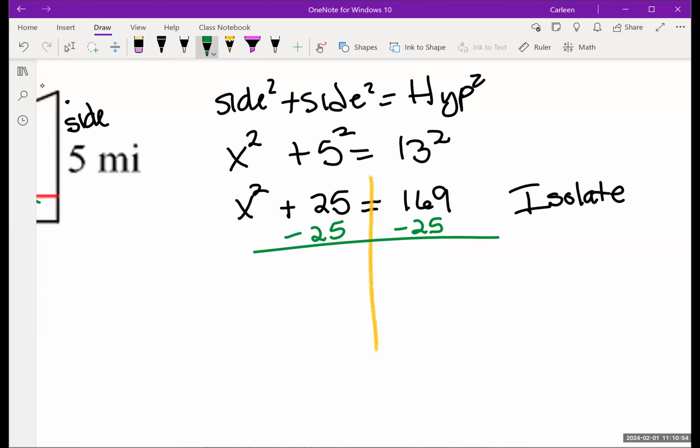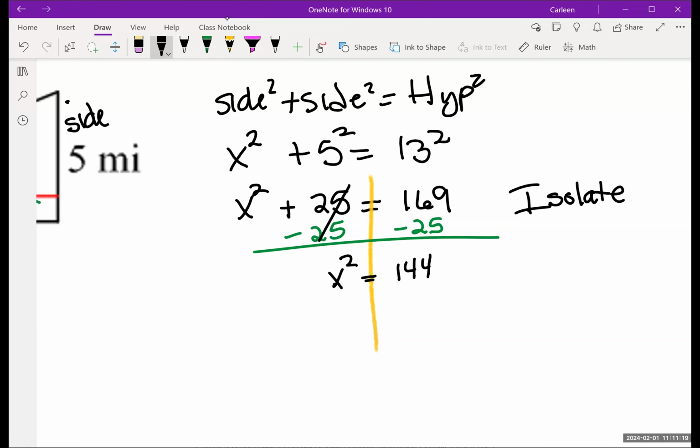It depends if your two numbers are together on the same side or on opposite sides of the equal sign. Okay. So x squared is equal to 144.